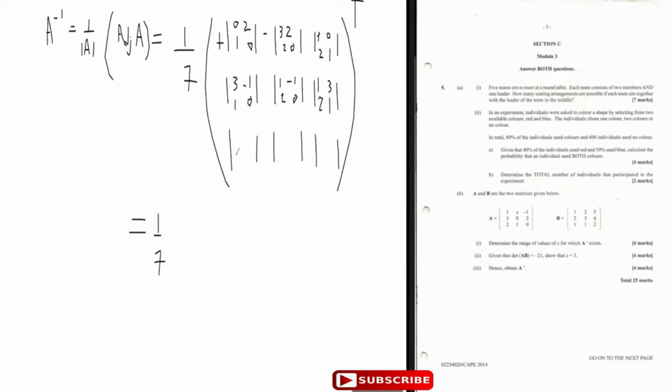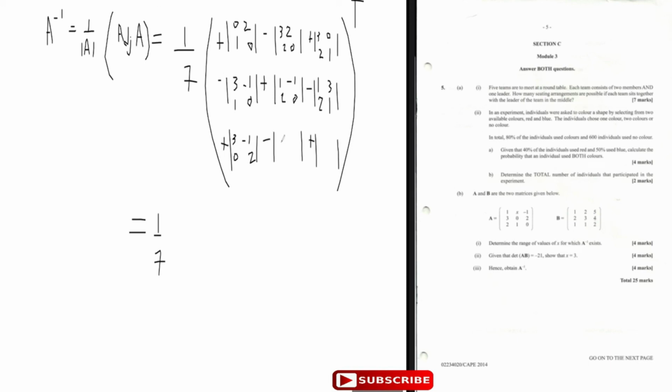Finally, down here now, it's going to be crossing out the 2, it's going to be x minus 1, which is 3 minus 1, 0, 2. Oh, and I forgot the sign. This is plus, minus, plus, minus, plus, minus, plus.